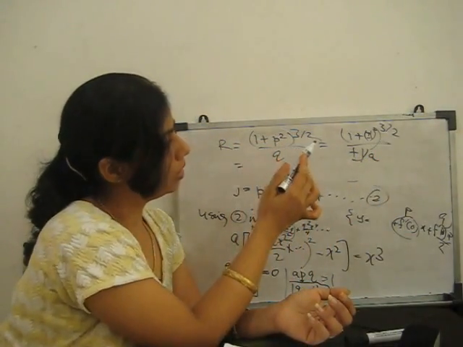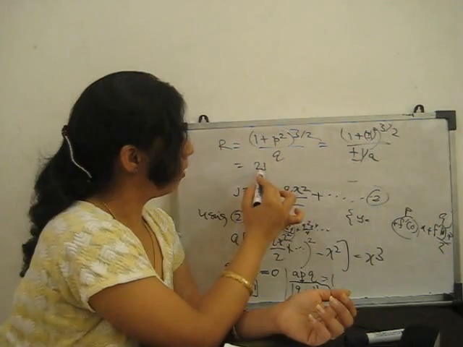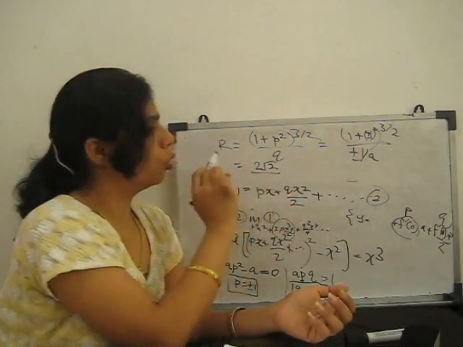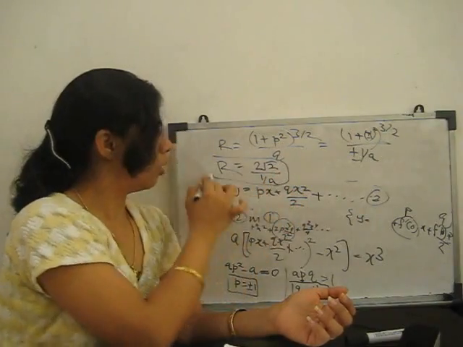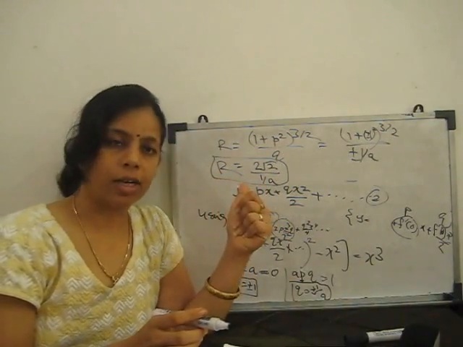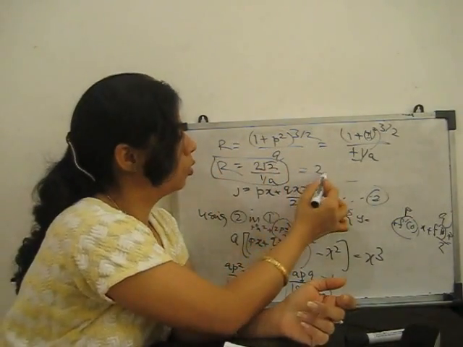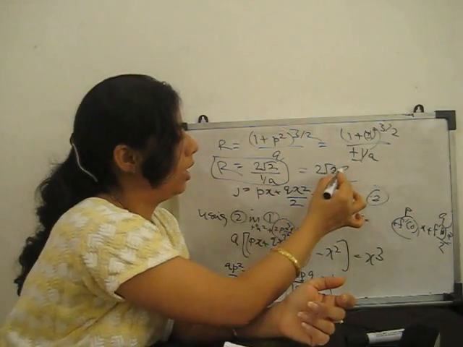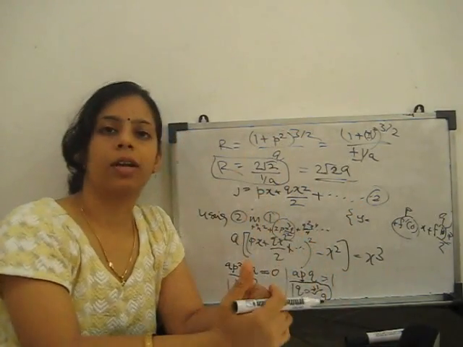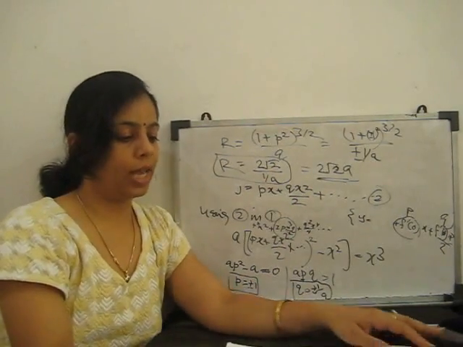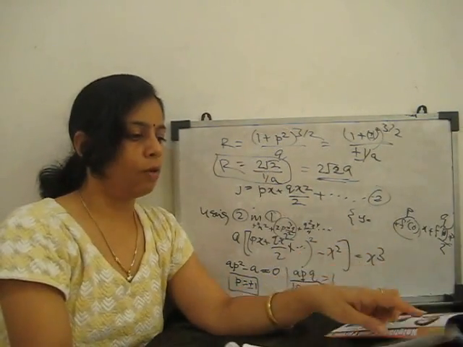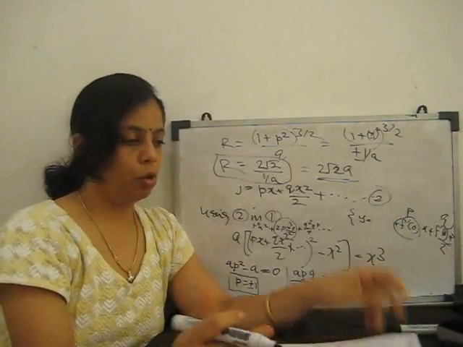So 1 plus 1 is 2, so 2 to the power 3 by 2 is 2 root 2, upon 1 by a. So the radius of curvature of the given curve is 2 root 2 a. This is our radius of curvature with the help of Maclaurin's theorem if no axis is tangent to the given curve.